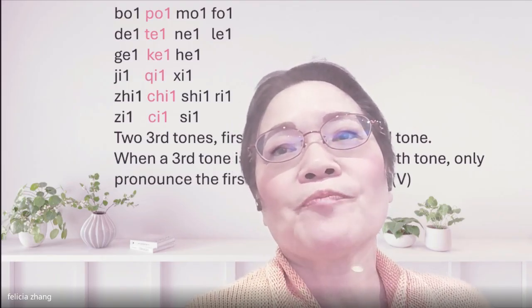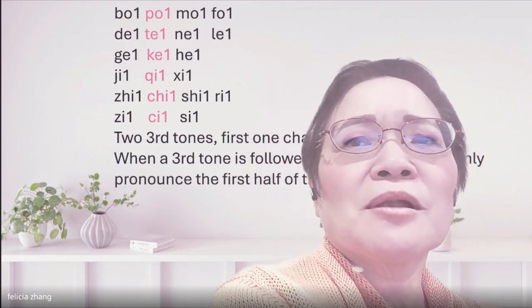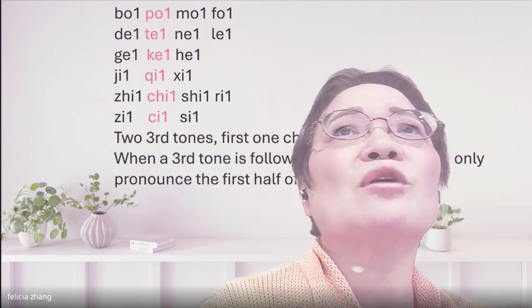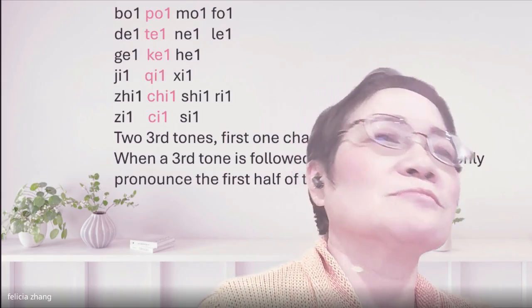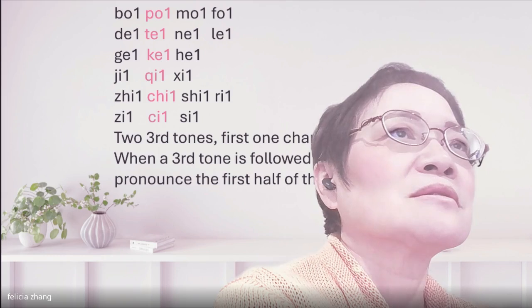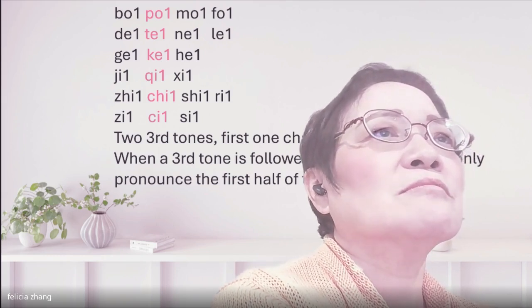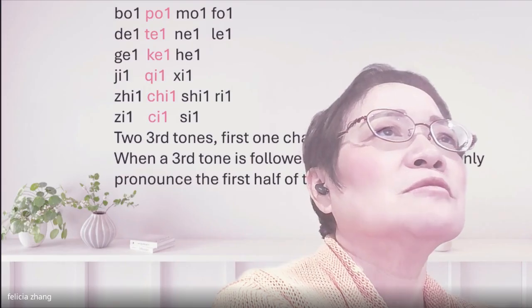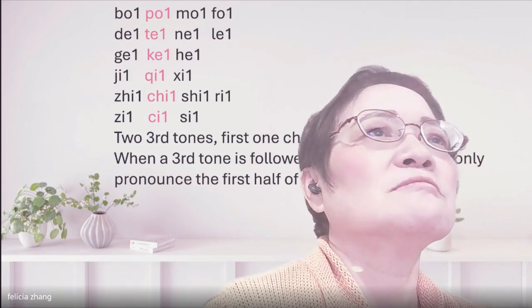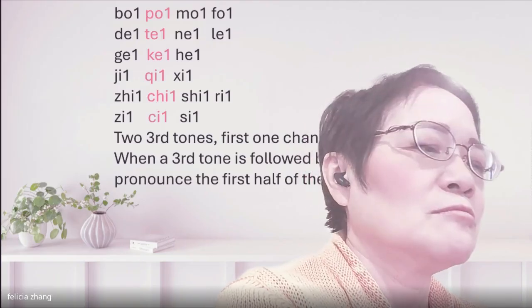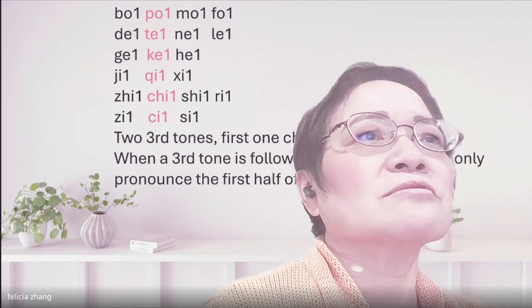So 律 is L plus U with two dots. Let me just find how to represent umlaut. Umlaut sound. How do you say umlaut sound?